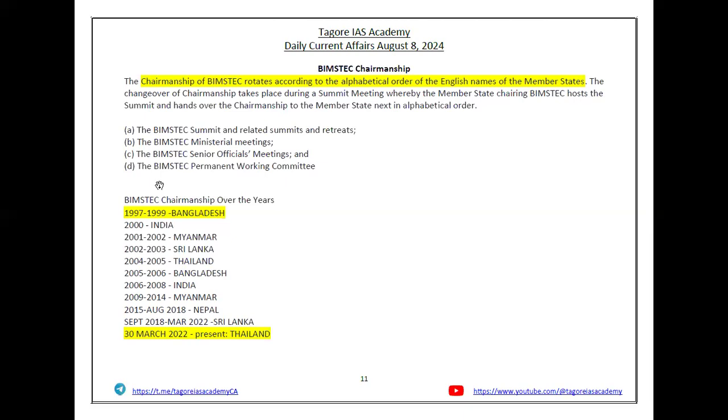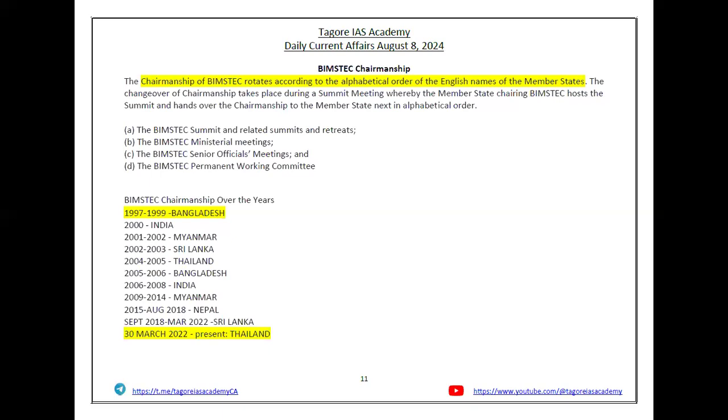Now, from here itself, you can judge that initially it started with a lot of enthusiasm. Everything was going fine. But then you can see that if the chairmanship itself is not changing, that means things have become a little stagnant. The last meeting itself was in 2018, and thereafter it happened in 2022.